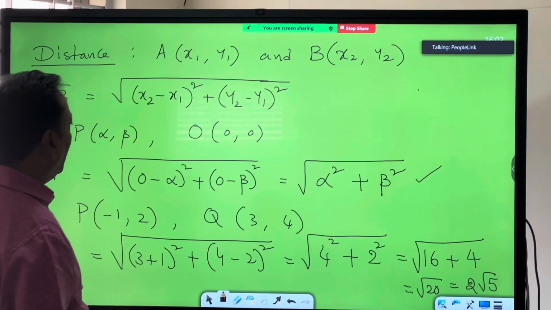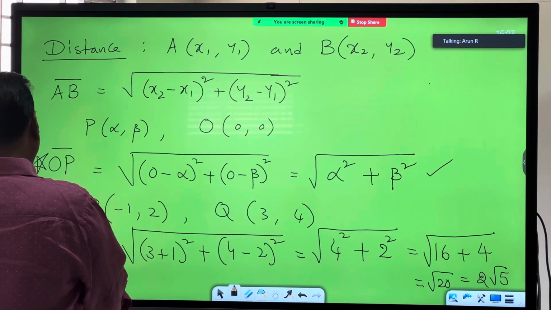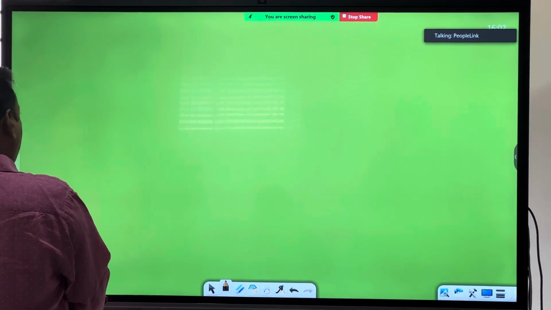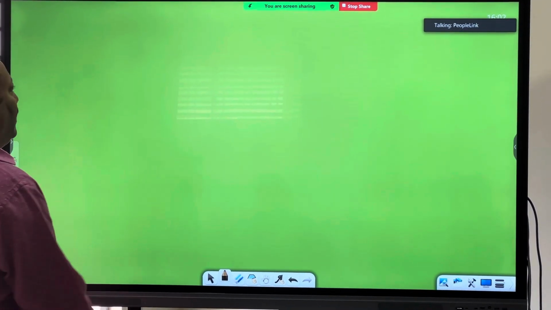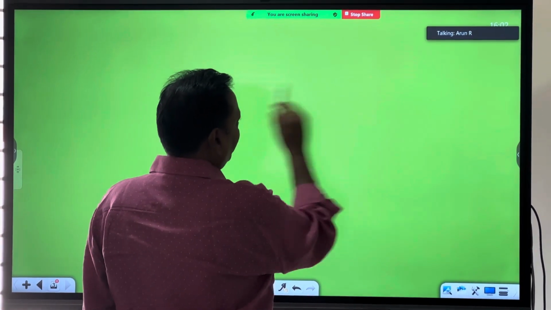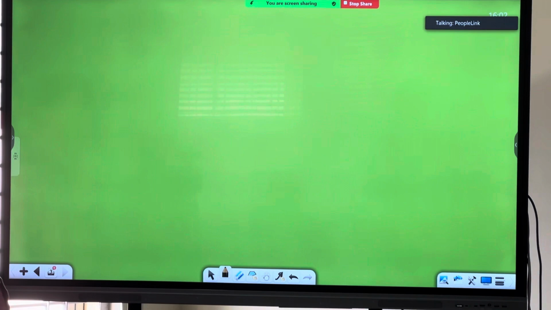Let us see. I'll go for the new screen now. Or else in the same screen also it's fine. Yeah, I got a new screen. So what do you want? I have to write the entire screen, right? From left to right. Okay. Yeah. Right.